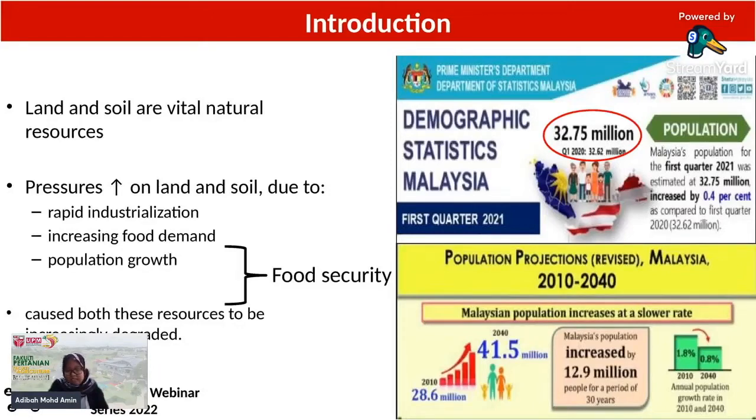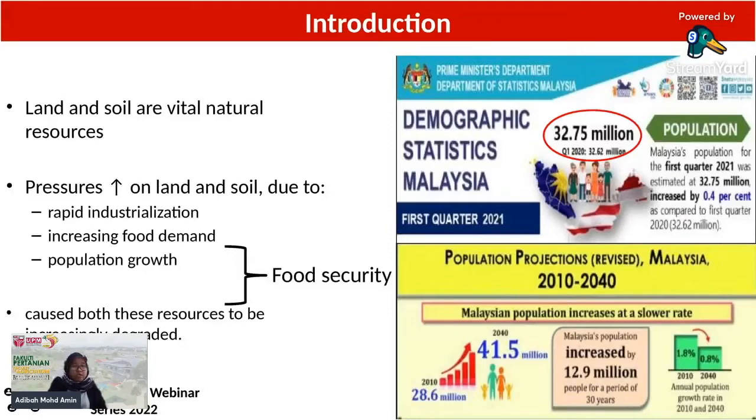This increasing population growth will increase the food demand, thus the issue of food security. To have enough food, we need adequate land to produce the food that we need, besides other basic human needs such as shelter, which also require land.